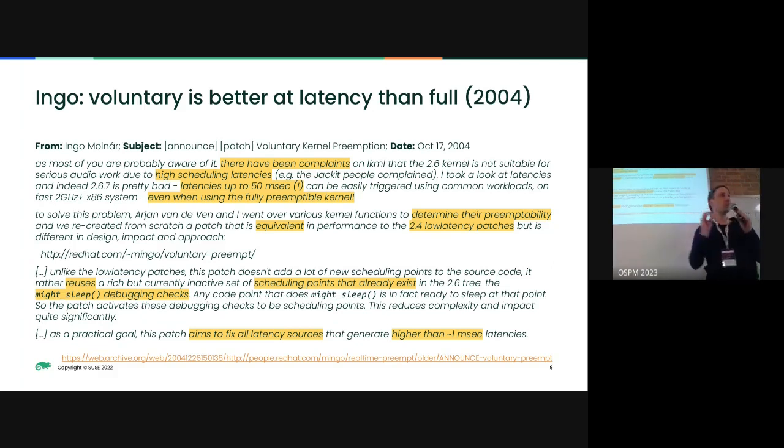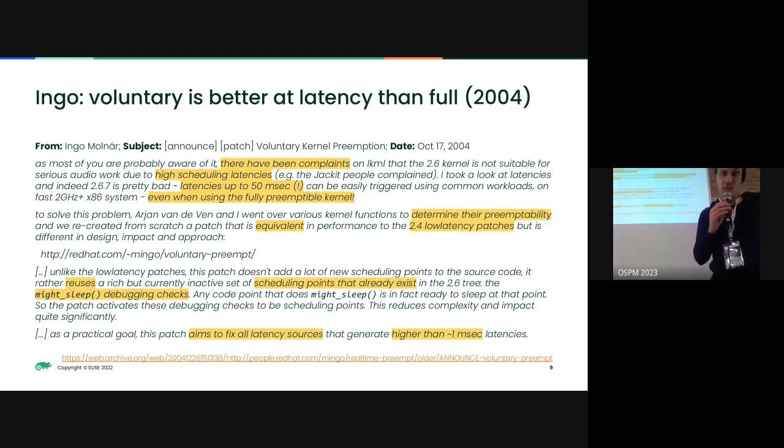So Ingo said, with the fully preemptible kernel I still get 50 millisecond latencies, and I want to do something about this. To solve this problem, Arjan van de Ven and I went over various kernel functions to determine their preemptibility, and we recreated from scratch a patch that is equivalent in performance to the 2.4 low latency patches. I don't know what low latency patches are. I suppose some patch set that did the low latency stuff.